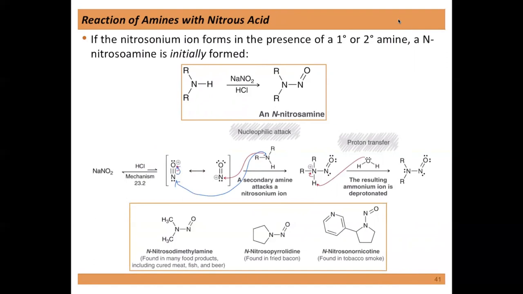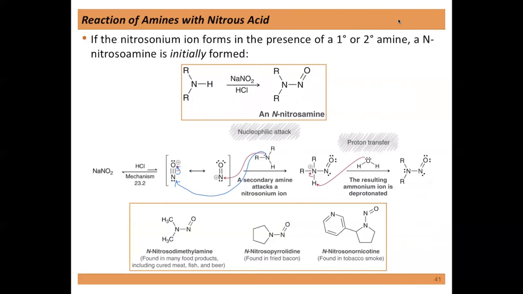No matter which way you choose, you're going to end up with this intermediate right there, this N-nitrosamine that is protonated. And then simply we just need to deprotonate that so we get this neutral species. So we end up with a nitrogen to oxygen double bond compound, and again known as N-nitrosamines.